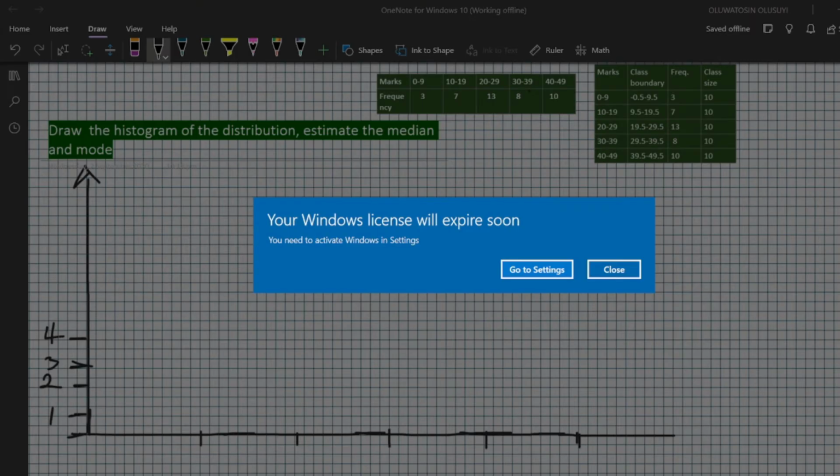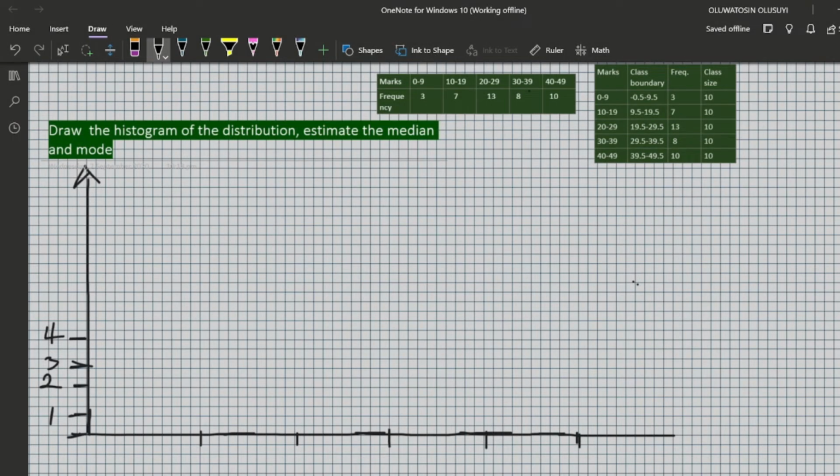We have 4. Then the next number we have 5. Okay, probably let's keep skipping this. Apologies.